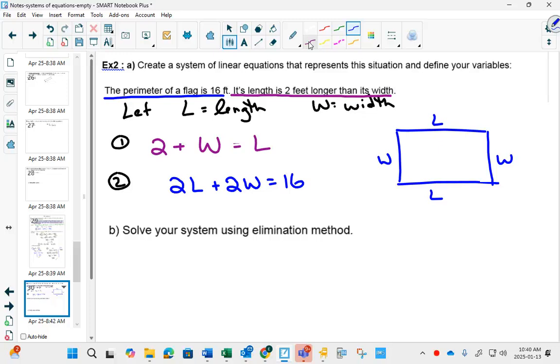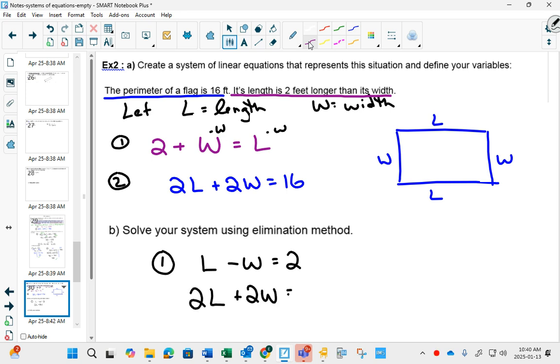We want to use the elimination technique. Okay? So, I'm going to take my equation 1 and I'm going to subtract W on both sides. So I get length minus width equals 2, and 2 length plus 2W equals 16. That's my equation 2.